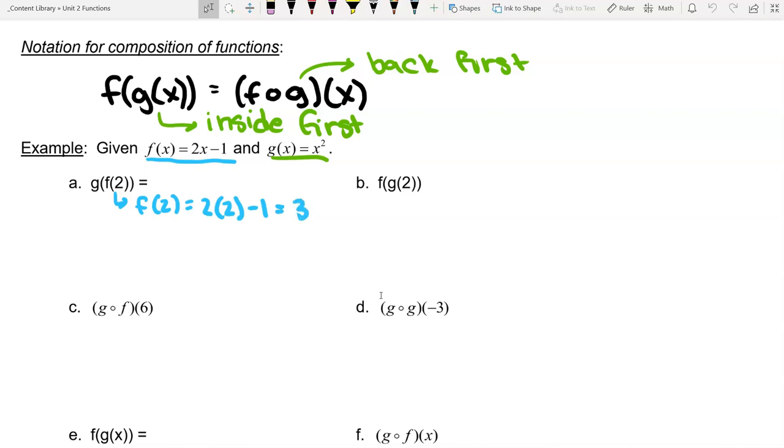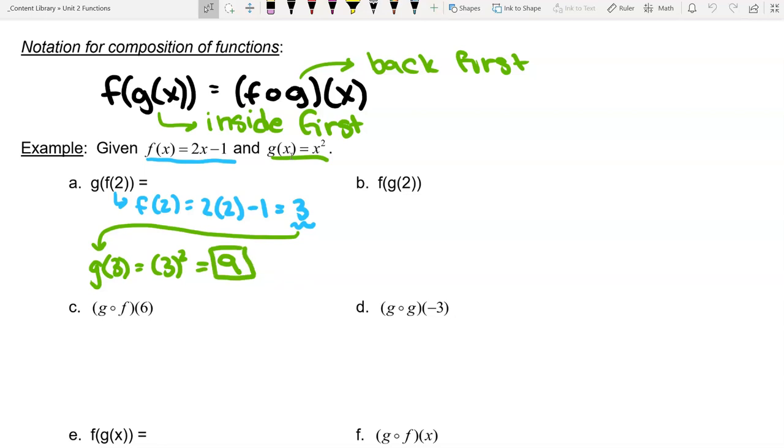That's the number I take. It's not the final answer, but I plug it into the outside function. So I'm plugging 3 into g. g of 3 is 3 squared, because now I'm using the g function, which is 9. So the final answer is 9.